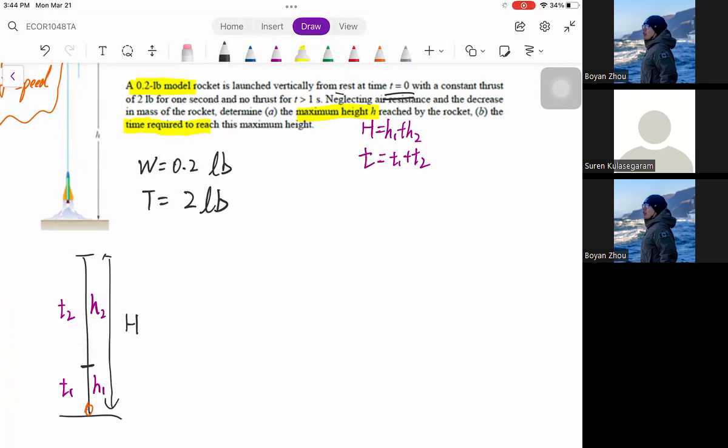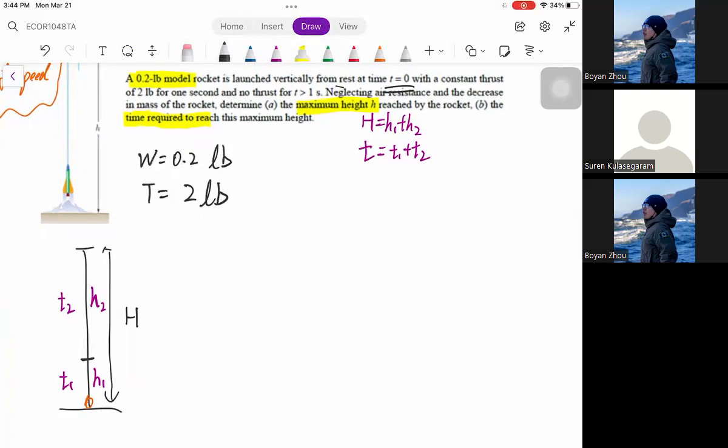First we need to know the acceleration. To know the acceleration, we just use Newton's second law. The resultant force, or the sum of the forces, is equal to the mass of the object, in this case the rocket, times the acceleration. When the rocket just took off, I'm going to draw a free body diagram.